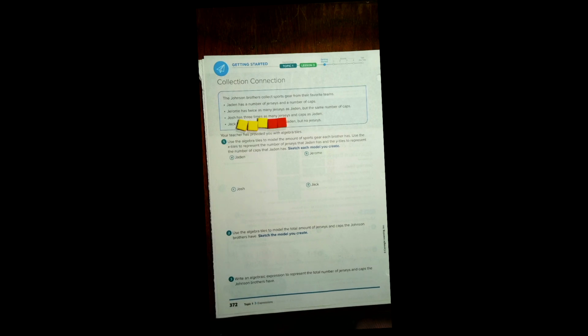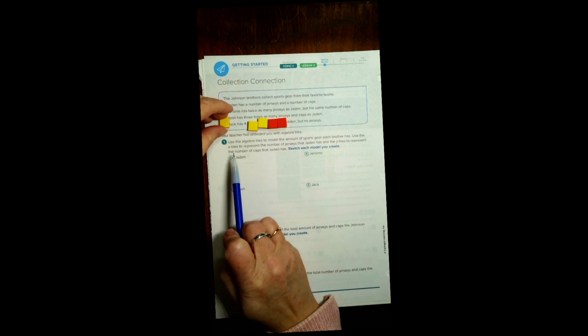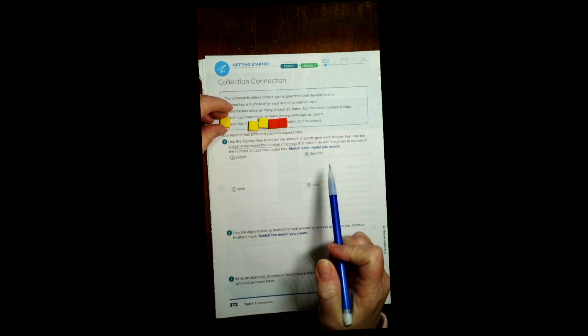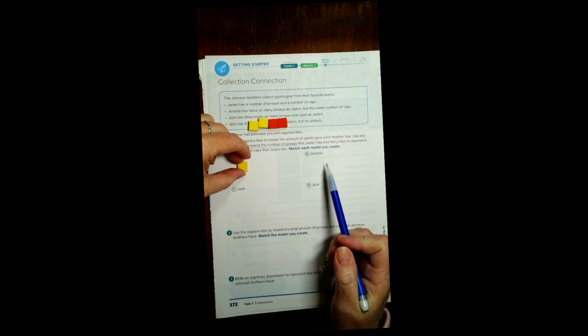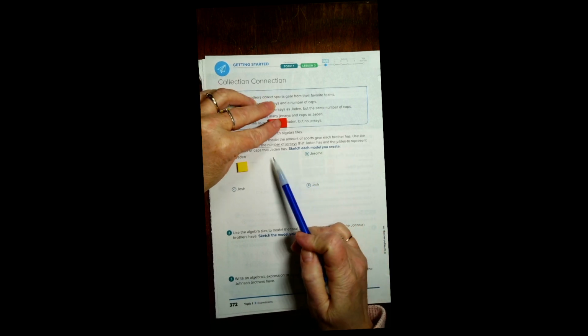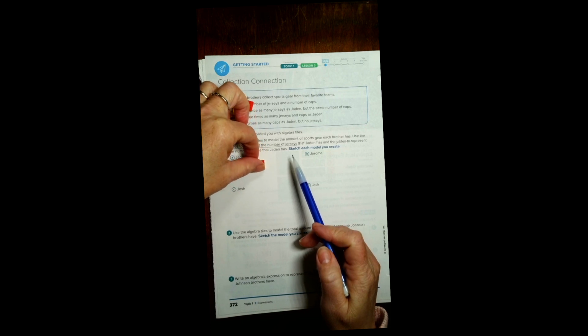Okay, so let's show how many Jaden has. Jaden has a number of jerseys and a number of caps. We don't know exactly how many. It says the X tiles represent the number of jerseys, so we'll say he has that many jerseys, and the Y tile represents the number of caps. So this is the number of caps that he has.